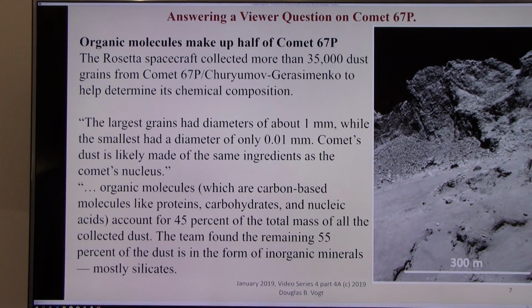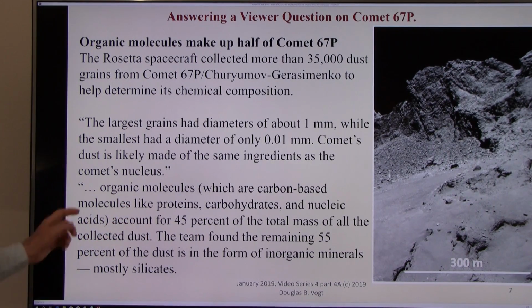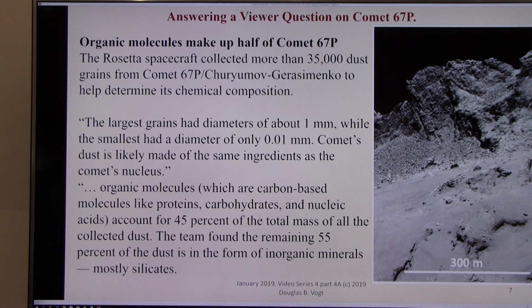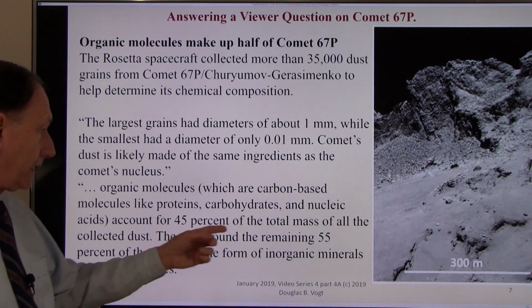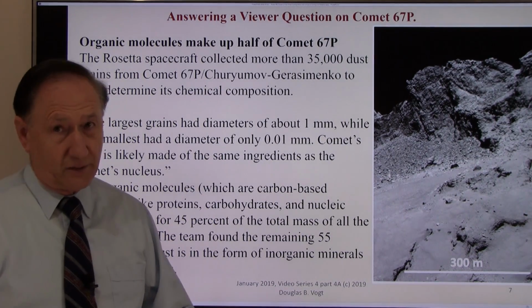Dust likely made of the same ingredients as the comet's nucleus. Now, the whole thing is just a bunch of glass beads. Organic molecules, which are carbon-based molecules like the proteins, carbohydrates, nucleic acid, account for 45% of the total mass of the collected dust. The team found the remaining 55% of dust was inorganic materials, mostly silicates. Glass is silicates.